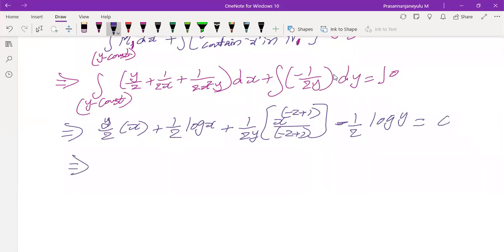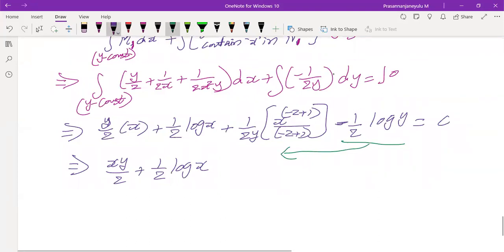That implies, going for a little simplification, xy/2 plus 1/2 into log x. First I'll write this term as the third term, so separately, minus 1/2 into log y.